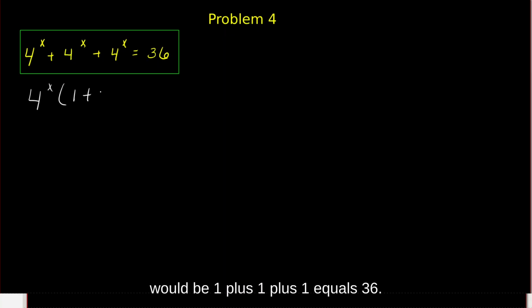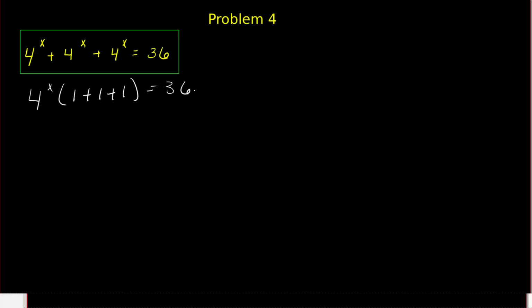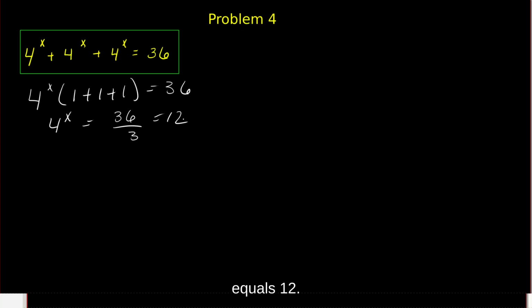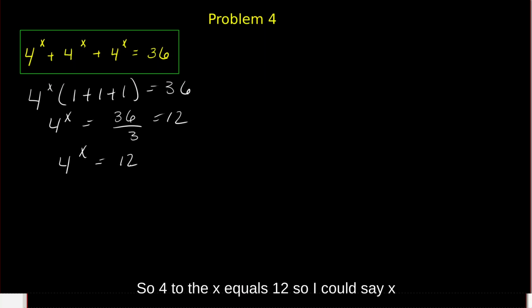That'll be 1 plus 1 plus 1 equals 36. So 4 to the x equals 36 divided by 3, which equals 12. So 4 to the x equals 12.